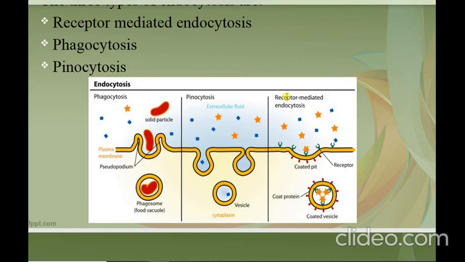And the third is receptor-mediated endocytosis. In this, receptors specifically bind to a particular ligand, and then they take up the drug, and a coated vesicle is formed, which is coated by some form of protein.